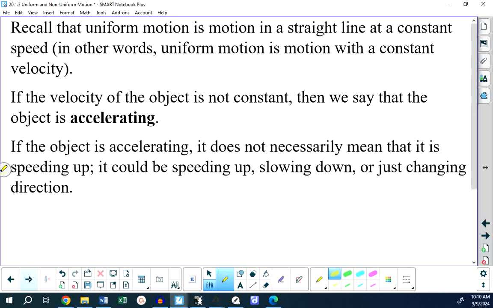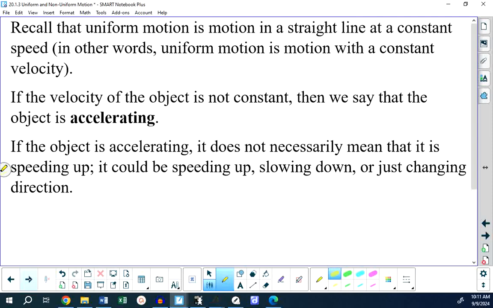But it doesn't necessarily mean the object is speeding up. That word, accelerating, even in Science 10, it's not that you're taught something wrong in Science 10. It's just that by the time you get to Physics 20, your understanding of the physics is more sophisticated. In Science 10, they tend to use words like acceleration and deceleration.